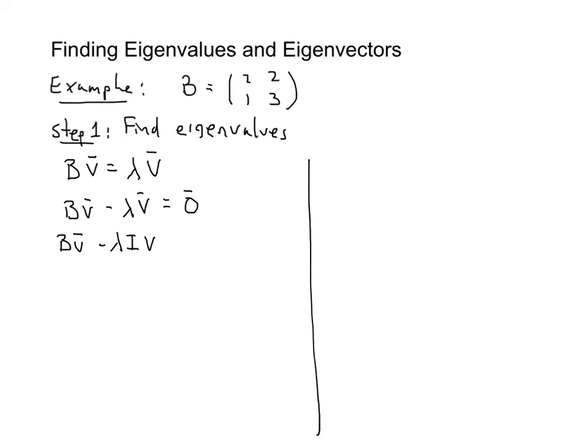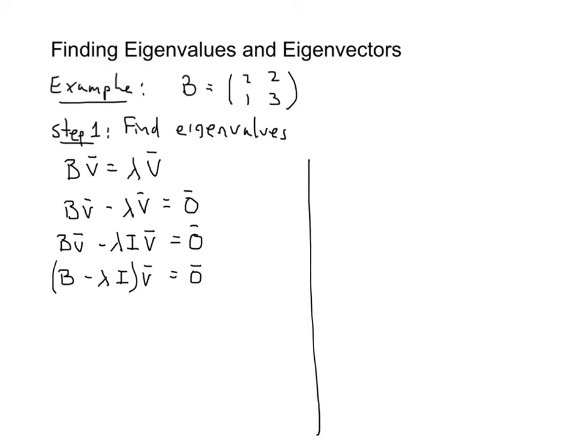The identity times v is still v, but the advantage of using the identity matrix is that when I factor out the vector v from both sides, I'm left with a situation where I have a matrix times a vector equal to the 0 vector.